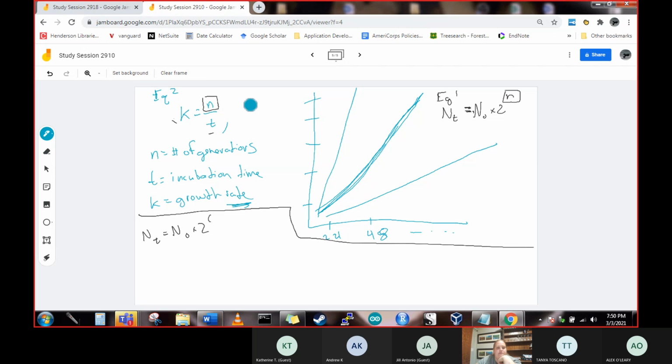You can write it as t equals n over k, by multiplying each side by t and then dividing by k. Or you can also write it as n equals k times t, because you would just multiply by t to move it over here, and then you have t times k equals n. So these are just three different ways of showing the same equation. So we can put in k times t here.